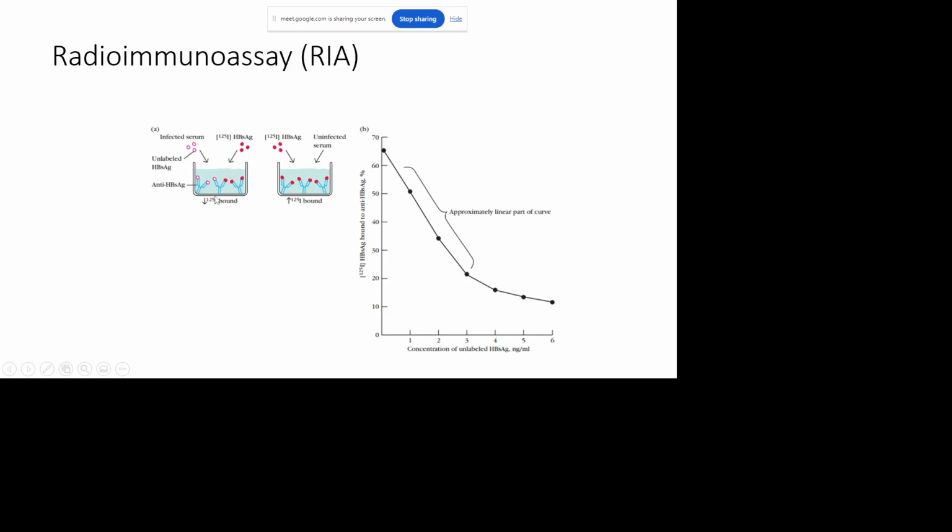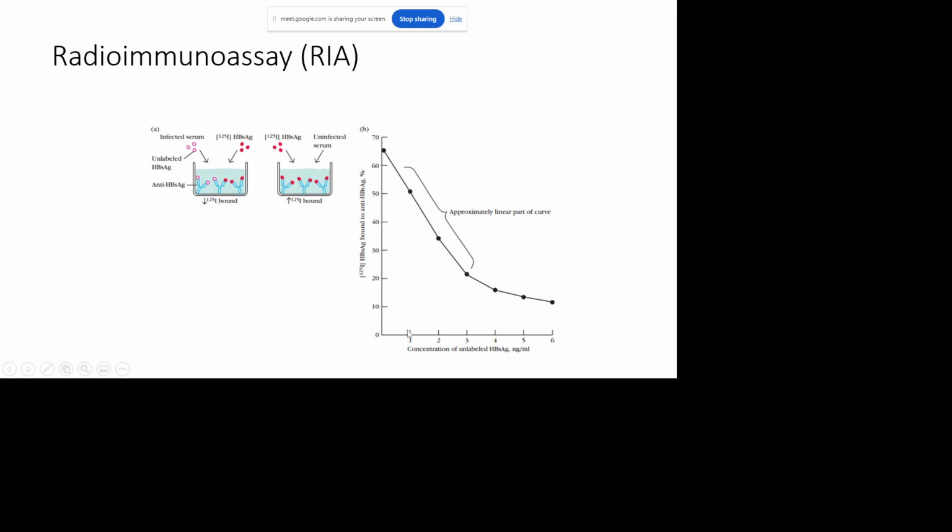So if you will measure the intensity of this well, this intensity will be of course lower than this one, because here all of the antibodies are bound with the radio level antigen, but here some of the antibodies are bound with the radio level antigen and some of the antibodies are bound with unlabeled antigen, which is coming from the infected serum.